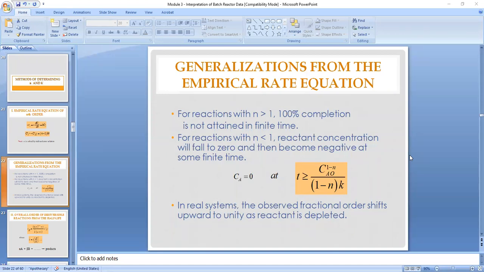So now Jericho gave you an idea. 100% completion will not be attained in finite time using this particular formula if n is greater than 1. How do you then finish off what Jericho started? John Albert Villarosa.